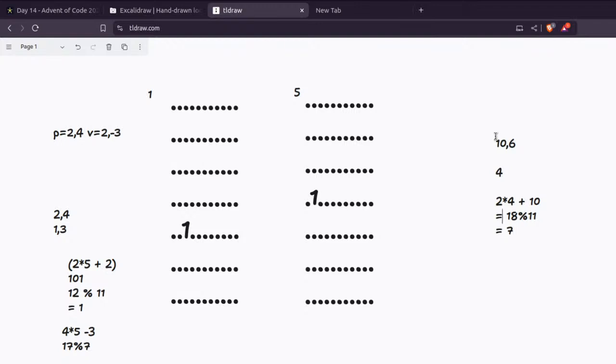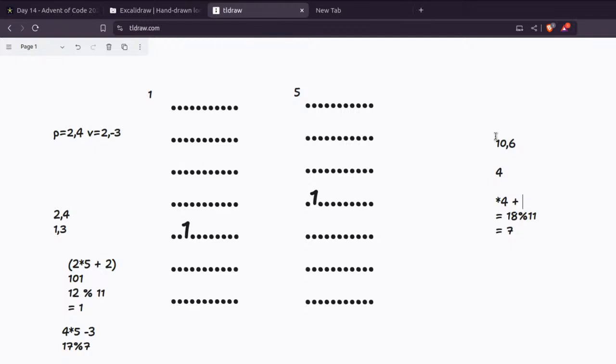Now, plus 10 is not what I wanted to add. Oh no, the current position is 2 comma 4.